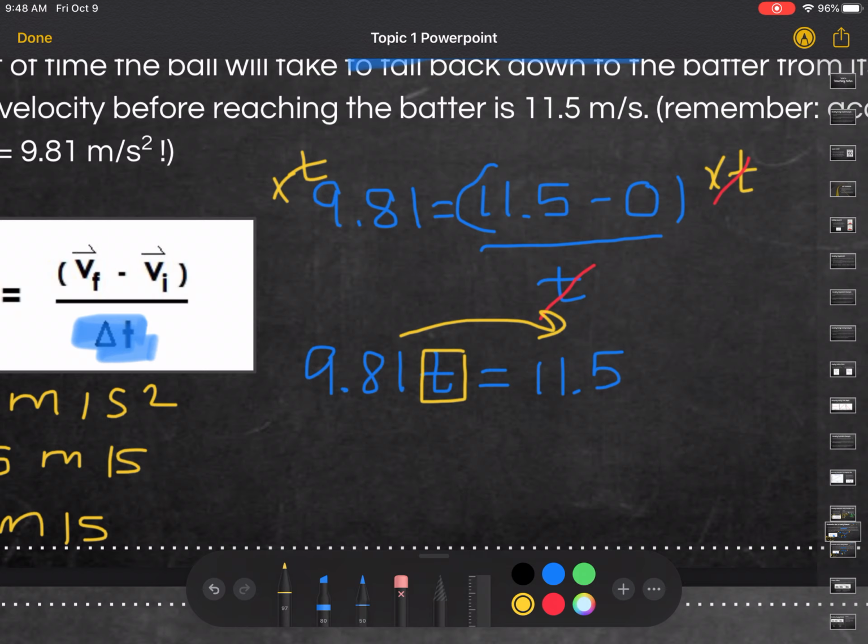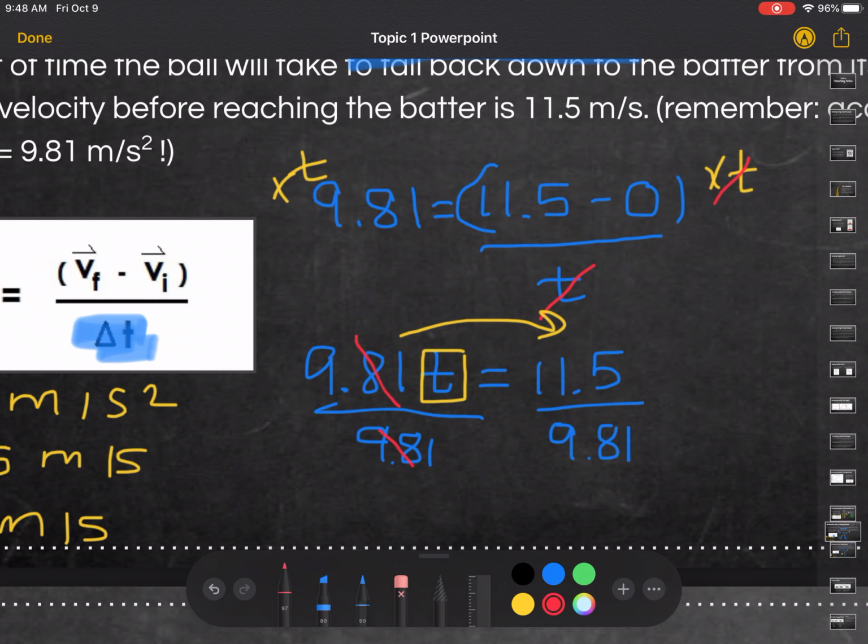So to do that, we need to get rid of the 9.81 in front of the t. 9.81 t is multiplied, so we need to do the opposite, which is divide. So if we divide both sides by 9.81, then we can get rid of that in front of the t, and the t will be left by itself.